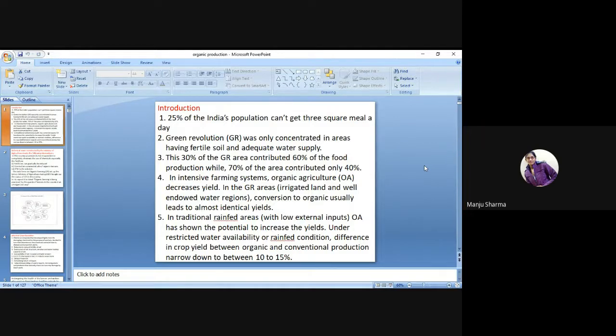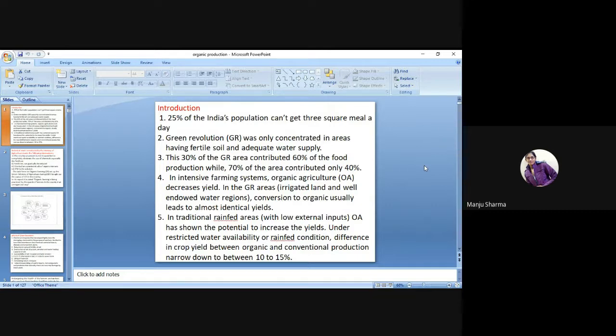So, in the intensive farming system, basically organic agriculture decreases the yield. In the green revolution areas, conversion to organic usually leads to almost identical yield.